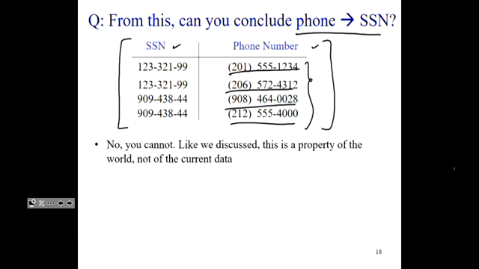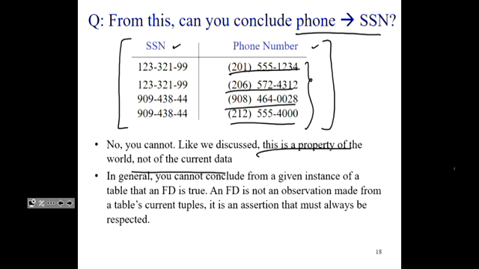So like we discussed, this is a property of the world, not of the current data instance. In general, you cannot conclude from a given instance of a table that a functional dependency is true. A functional dependency is not an observation made from the table's current tuples. Okay, it's an assertion that always has to hold true no matter what the database instance.